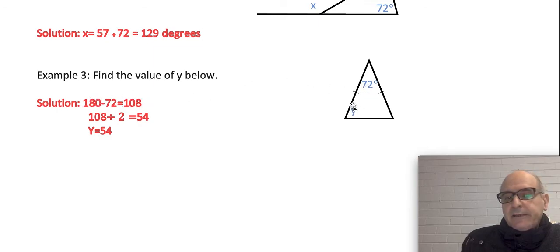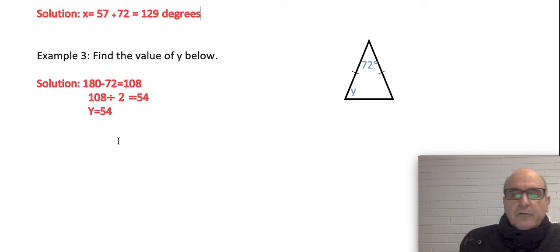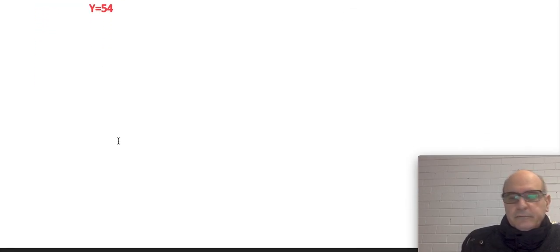So 108 is the share of this angle and this angle, because all of them have to add up to 180 in a triangle, regardless of the type of triangle. 108 must be the share of these two, and because they are equal, we divide by 2. 108 divided by 2 is 54. So y is equal to 54.